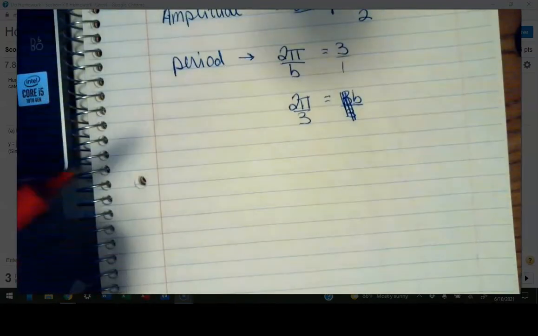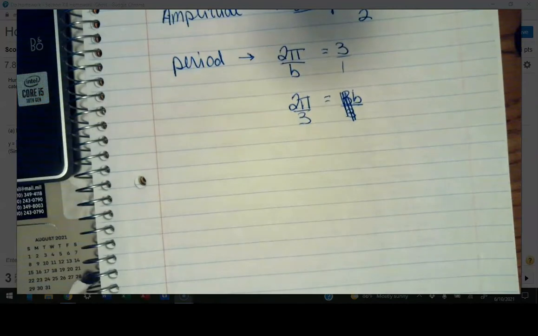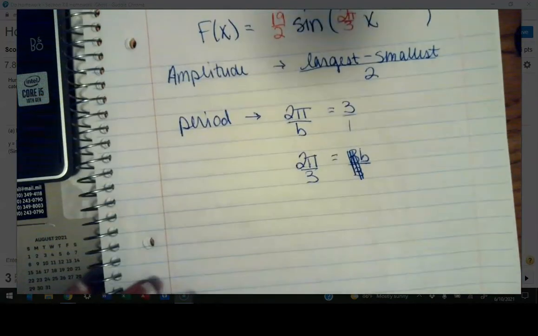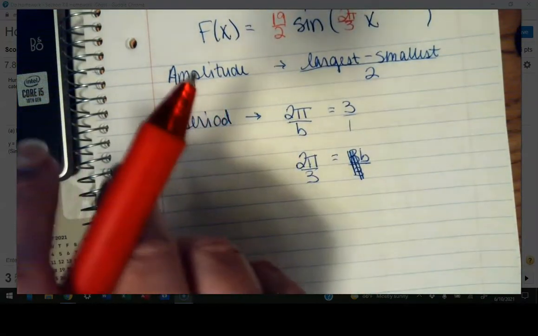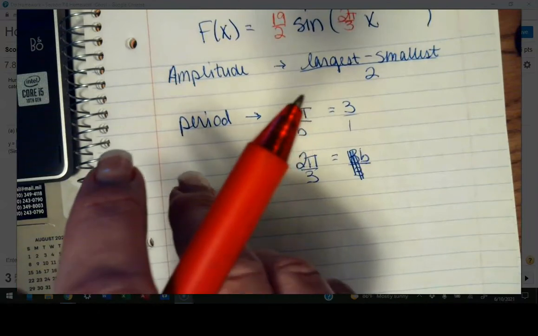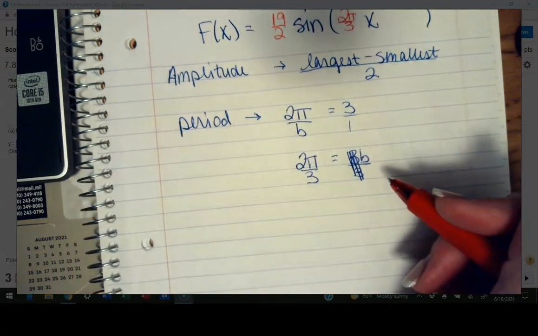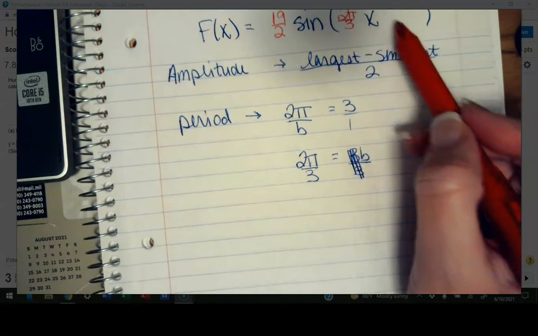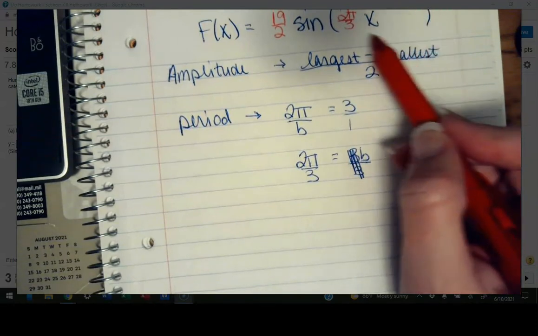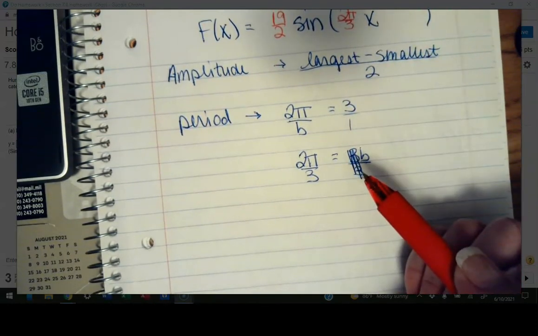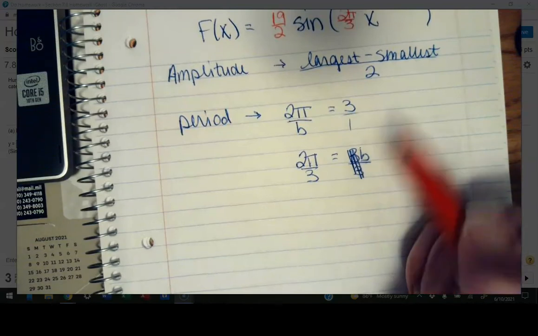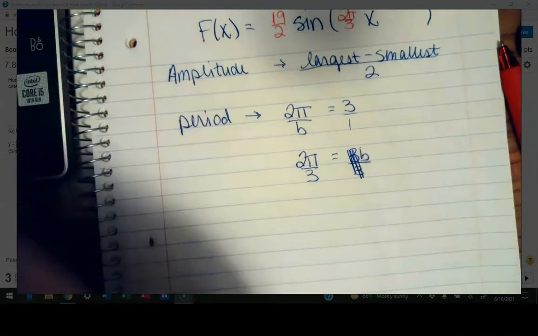All right, so what do I do at this point? Let's go back to what we have. I'm trying to find out what my phase shift was. Remember that the phase shift is the ratio of -c over b. That's my phase shift. So what I need to know is, first of all, when do these things start repeating?